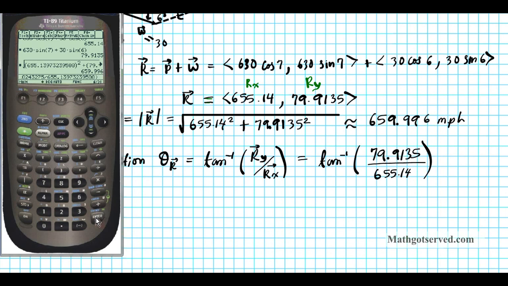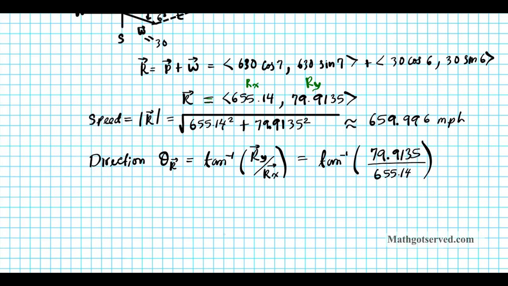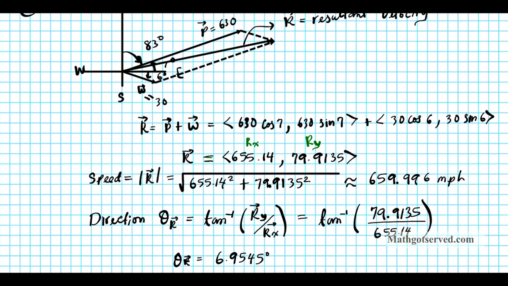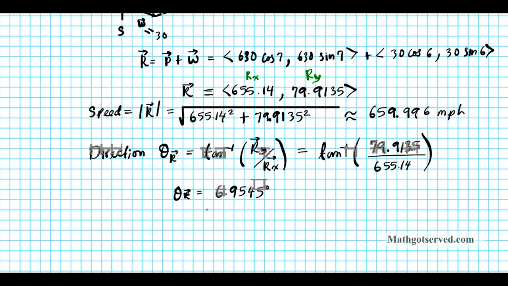And our direction is going to be 6.9545. So let's write that down. Theta, the direction of vector r, is 6.9545 degrees.